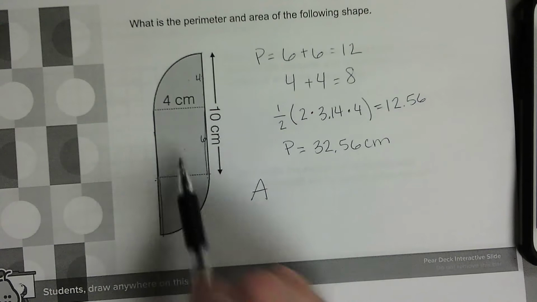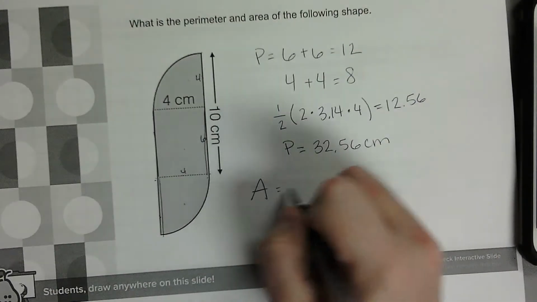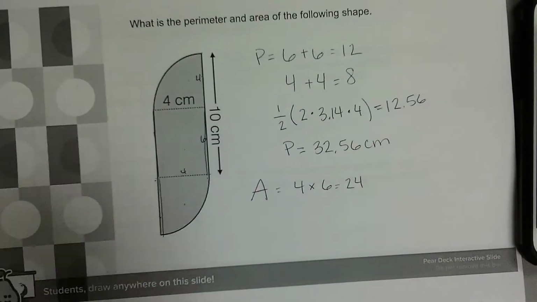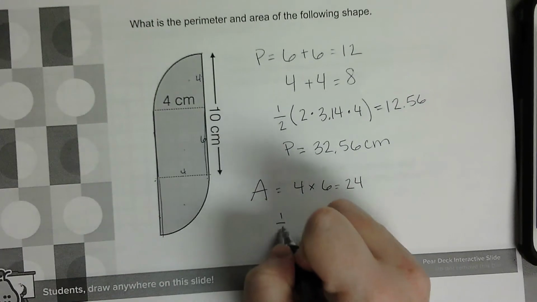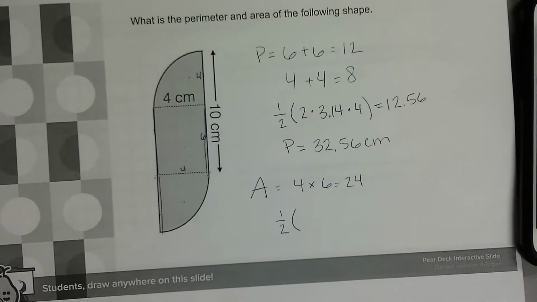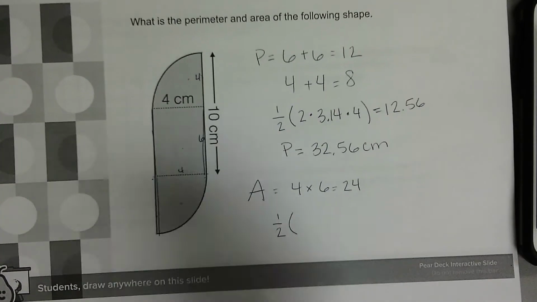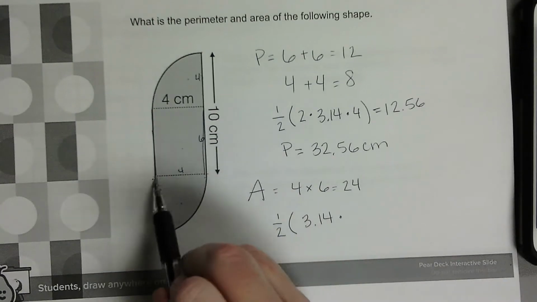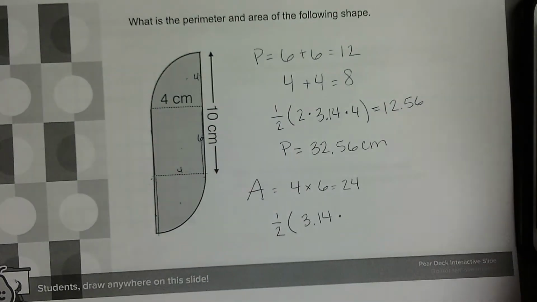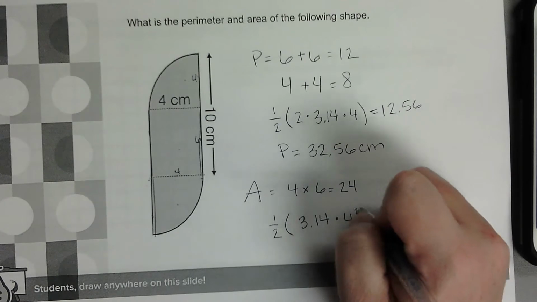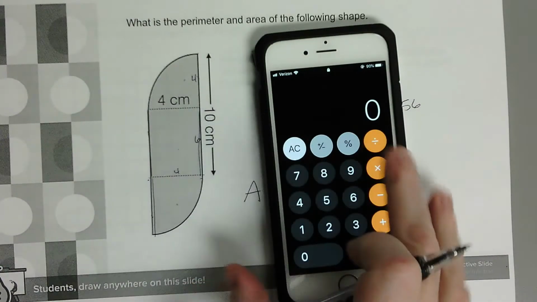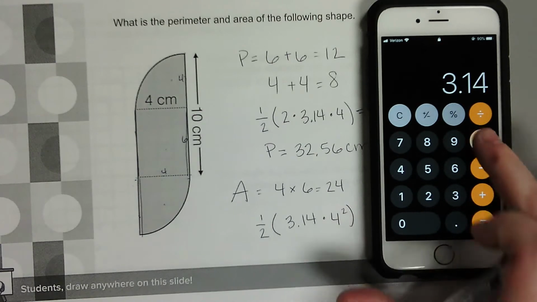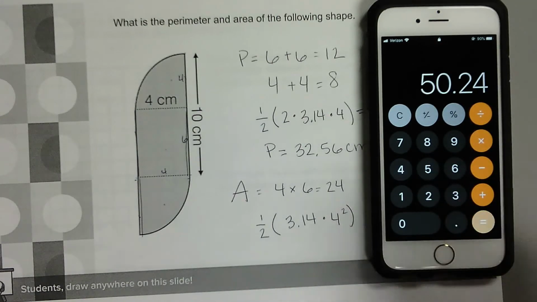Area. So area of our rectangle is 4 times 6. 24. And then of our half circle, we have 1/2. And area of a circle is pi r squared. And my radius is 4. Alrighty, so we have pi times 4 times 4.